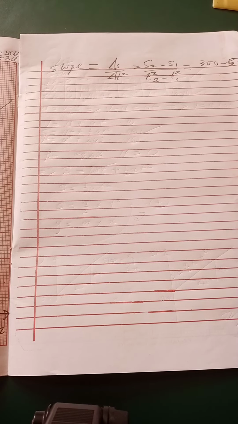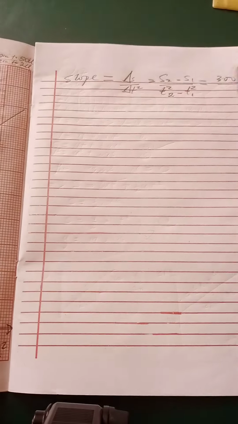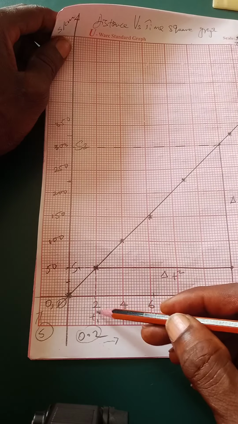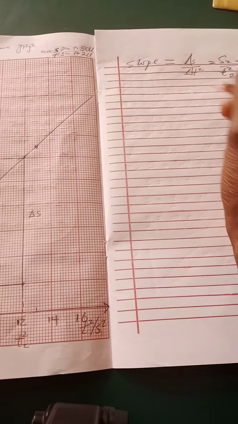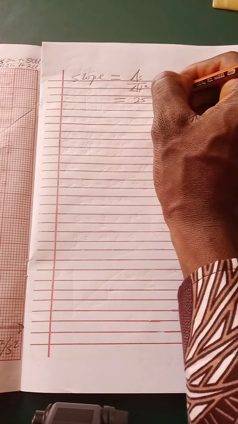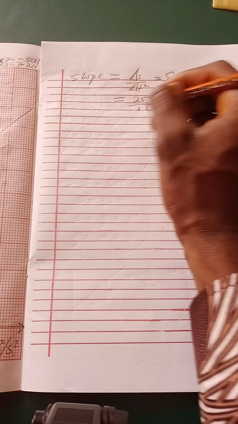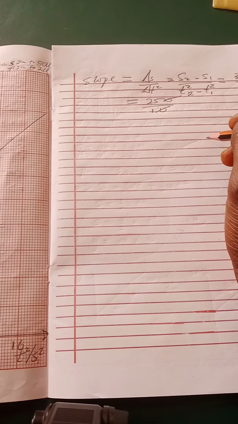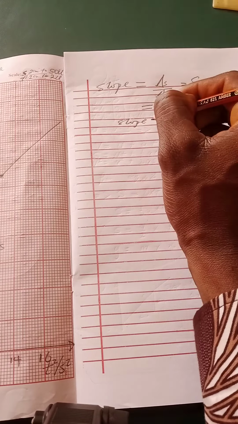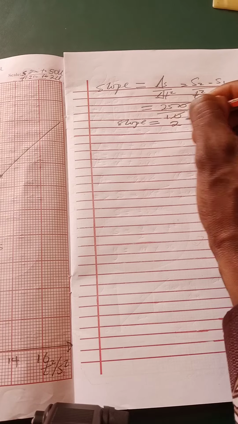Your s1 is 50, minus 50, divided by 12, your t square 2 is 12, minus 2, this is your t square 1, minus 2. If you do that, you'll be having 300 minus 50, that is 250, divided by 10. This will go, this will go. So you have 25. So your slope is equal to what? 25.